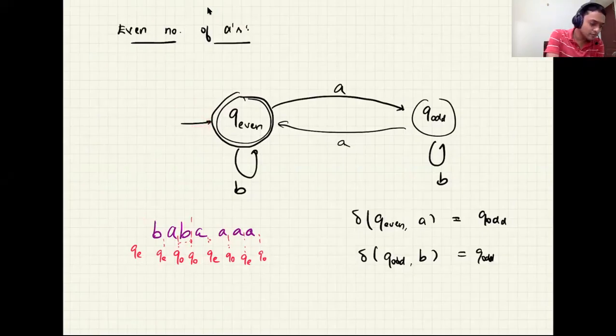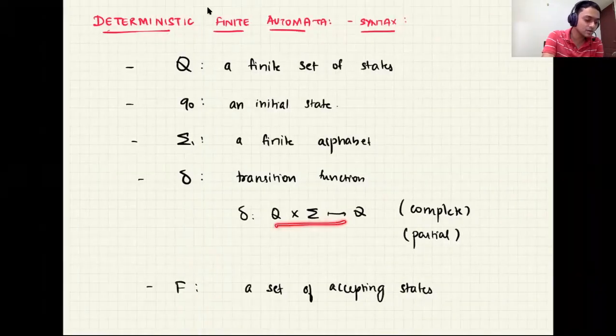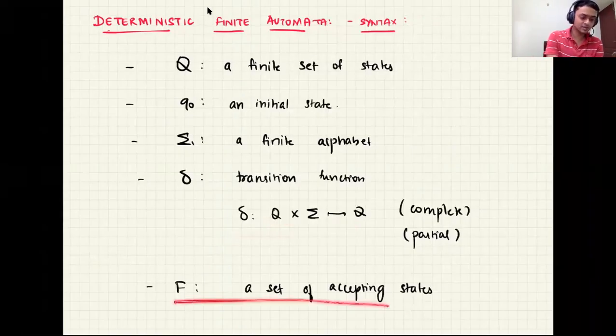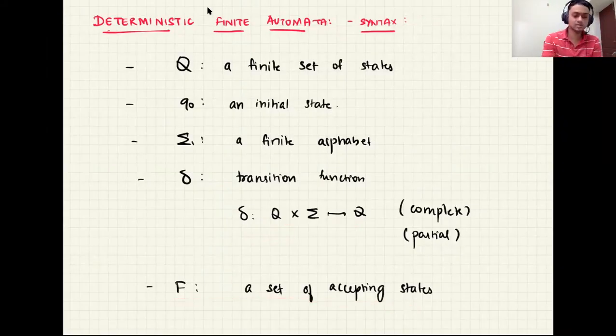From a state on an A, you can only go to one state, because this is a transition function going from Q cross sigma to Q. And a set of accepting states: there can be multiple accepting states.